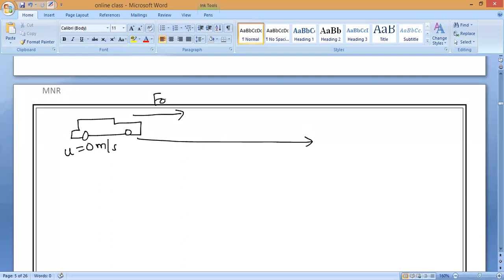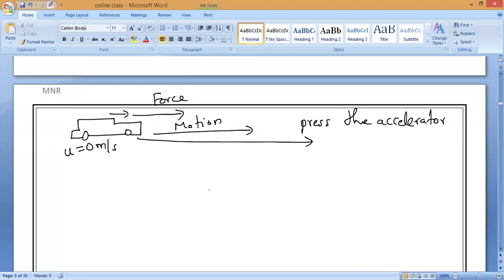Force is in this direction, and motion is also in the same direction. Yes or no, guys? When he is pressing the accelerator, force is applied in the same direction and the motion is also in the same direction.